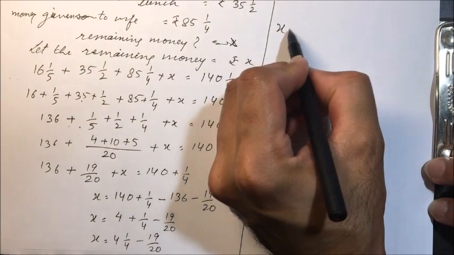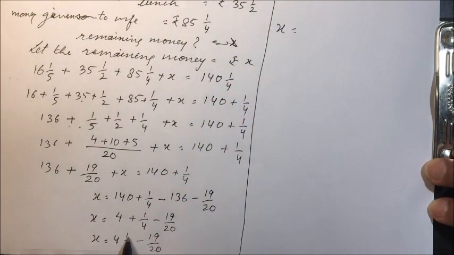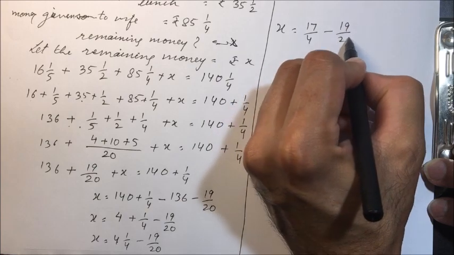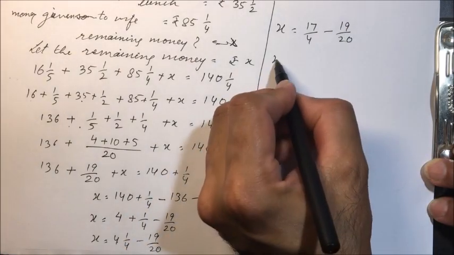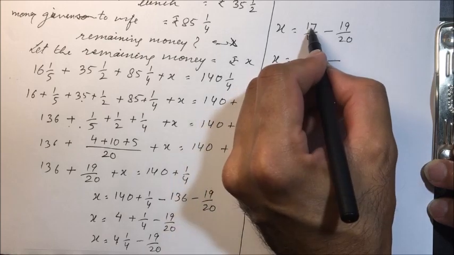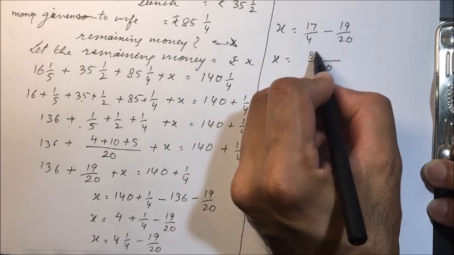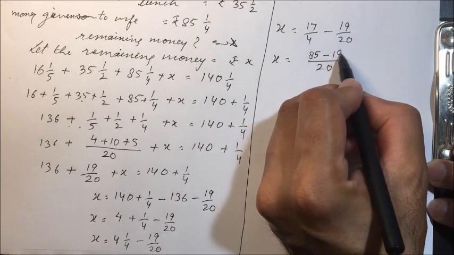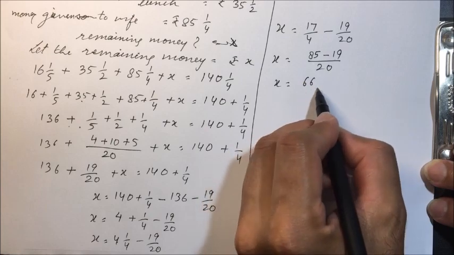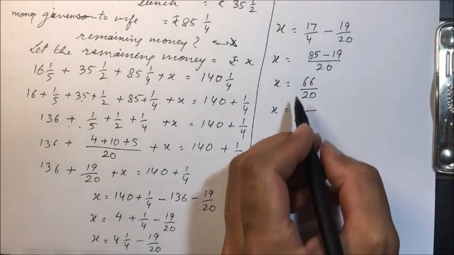We can write X equal to 4 4s are 16, 17 upon 4 minus 19 upon 20. Now take the LCM. LCM will be 20. 4 5s are 20, 17 5s are 85 minus 19. X comes out to be 66 divided by 20.